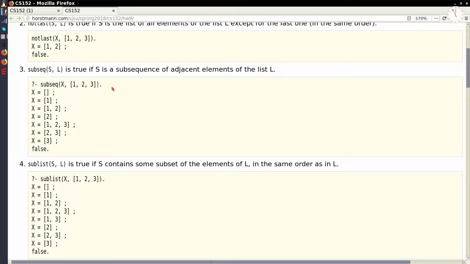I broke the original list into two separate pieces and appended them differently. Okay. So let me draw the picture that will be helpful here.